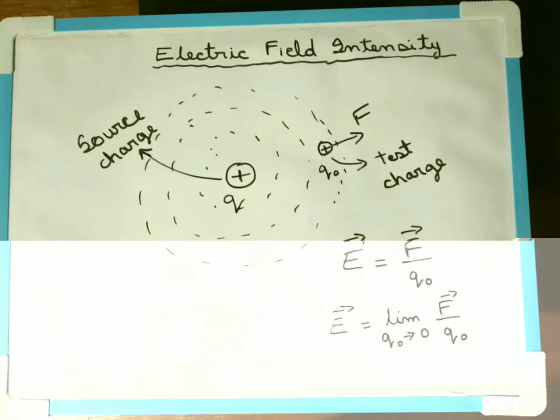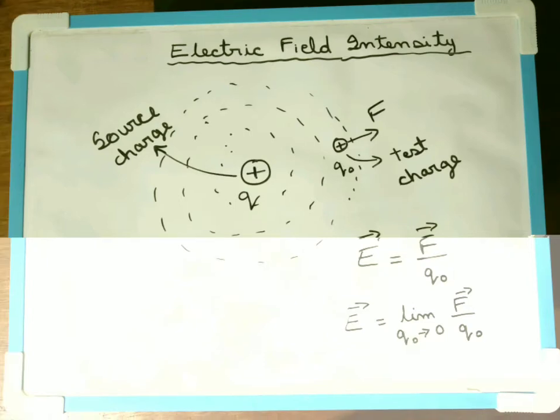This limit, as the test charge q naught tends to 0, shows that the test charge is very small in magnitude. So this is the mathematical expression for the electric field intensity.